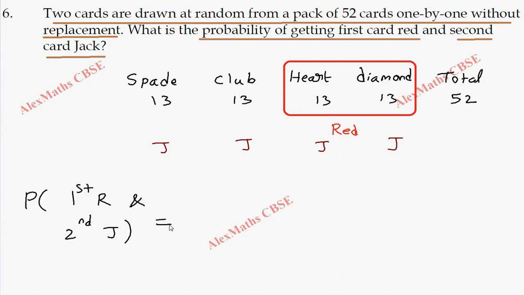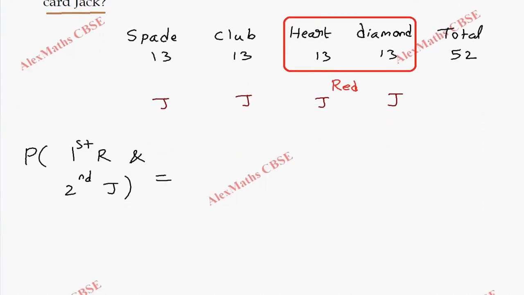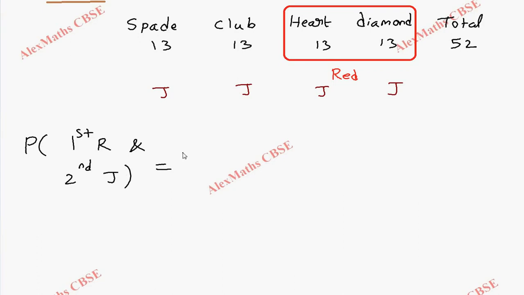So there are two possibilities. When we pick red, it can be the red card, which can be a jack or non-jack. So let's write it here. So probability of, we are picking the red, but it is non-jack red, and we are going to get the second as jack.